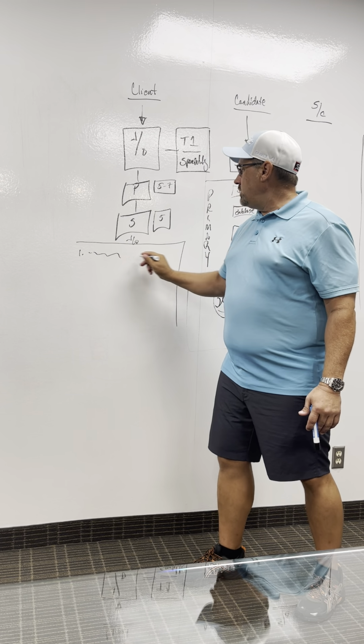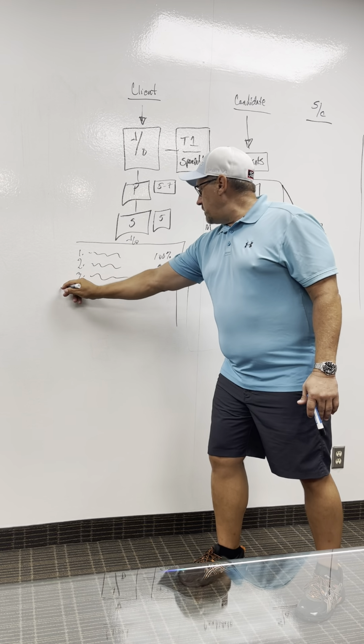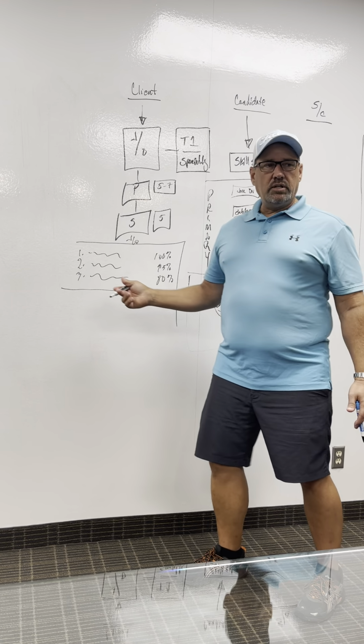He meets 100% of the requirement. Candidate 2 meets 95%. Candidate 3 equals 80%. Anybody under 80% doesn't even appear. So candidates 4 through 10 don't even appear on the list for the manager to see.